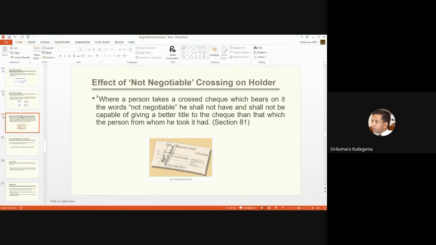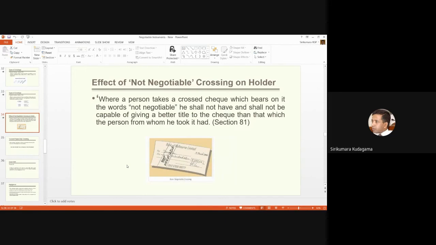Then, having said that, we'll go on to the effect of the words not negotiable on the crossing, on the holder. How does it affect the rights of the holder? This is what is given in section 81 of the Bills of Exchange Ordinance. It says, where a person takes a crossed check which bears on it the words not negotiable, he shall not have and shall not be capable of giving a better title to the check than that which the person from whom he took it had.